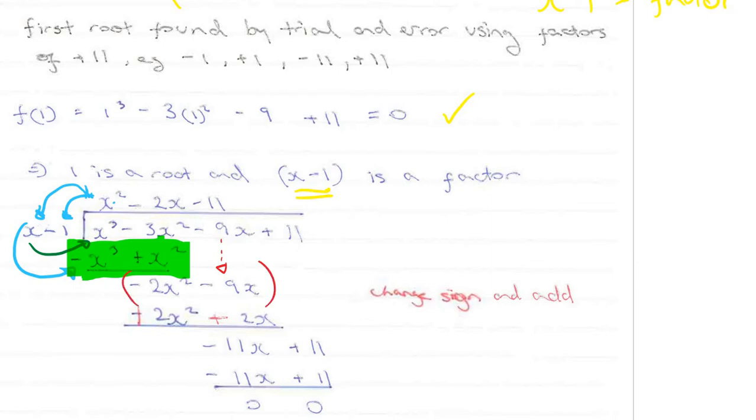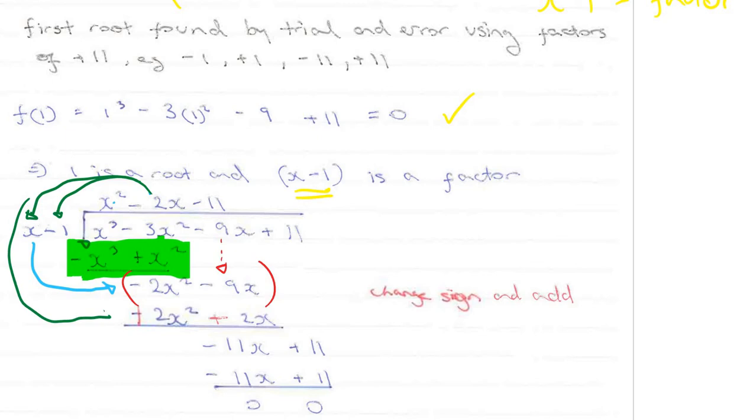My next step involves repeating the process of step 1. So I divide x into minus 2x squared. So that essentially means, what do I need to multiply by x to give me minus 2x squared? Well, I need to multiply it by minus 2x there. And then, the same as what I did at the start, I take my minus 2x and multiply it by both of these things and rewrite them in the line underneath.